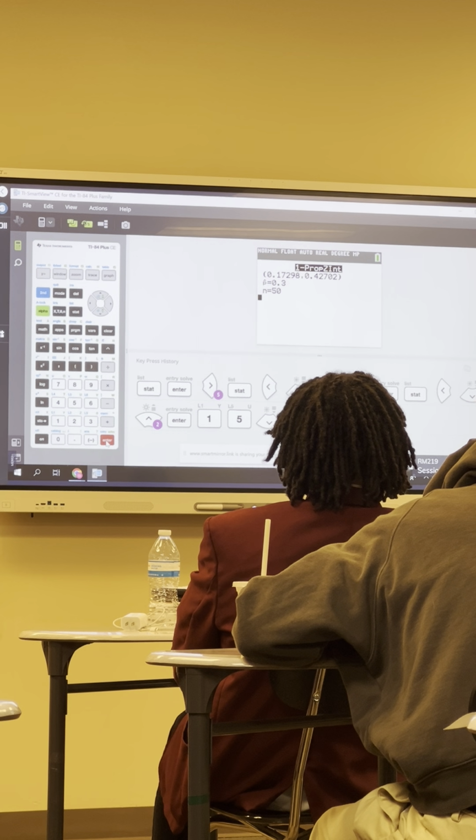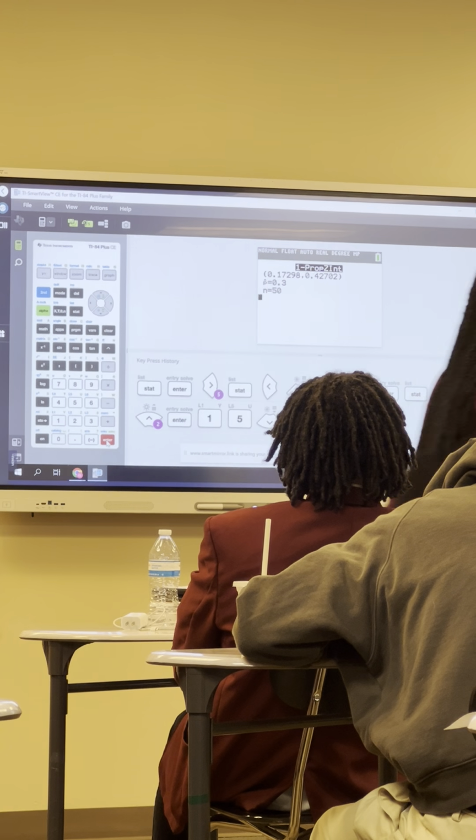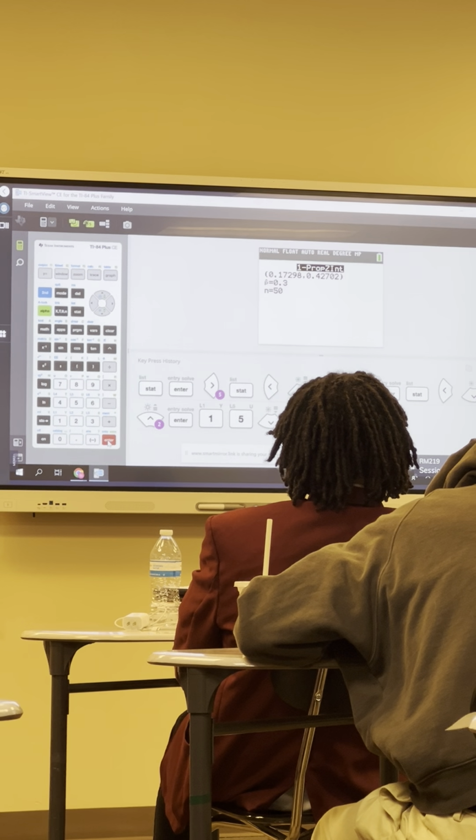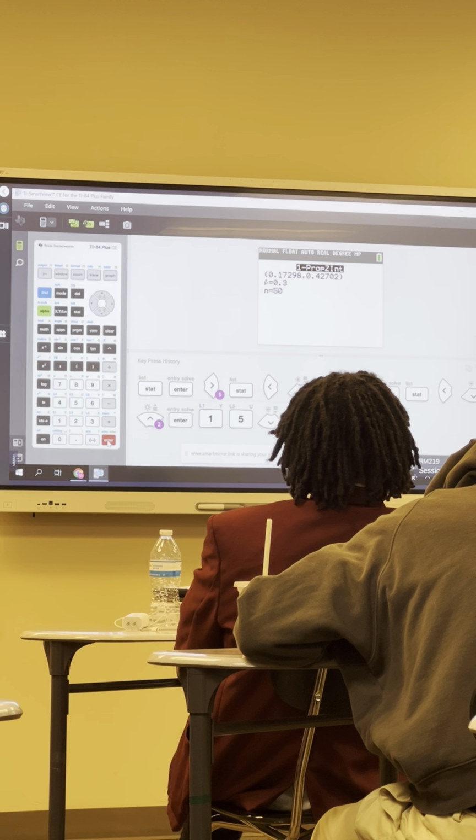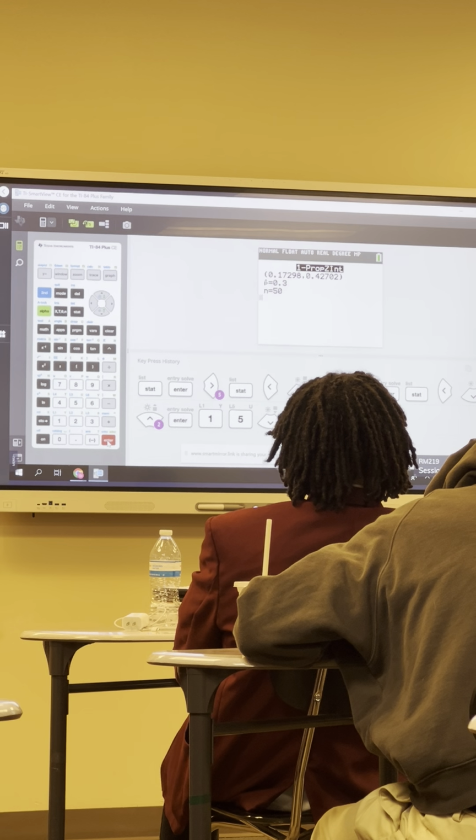Can I see your calculator? This is the confidence interval for the first one, right? So you gotta do 0.17298, comma, 0.42702. That's the answer for the first one.